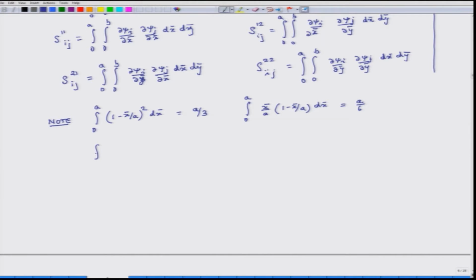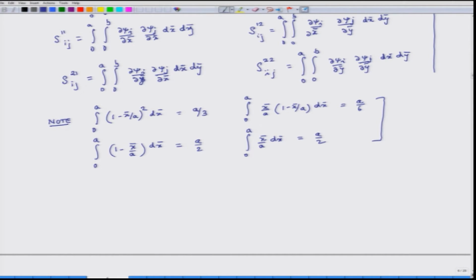Because we will encounter these integrals, I can directly replace them. Similarly, the integral from 0 to a of (1 minus x bar by a) dx bar equals half of a, and the integral from 0 to a of x bar over a dx bar equals a over 2. So, we can use these standard mathematical facts when we are computing integrals for S11, S12 and so on and so forth.